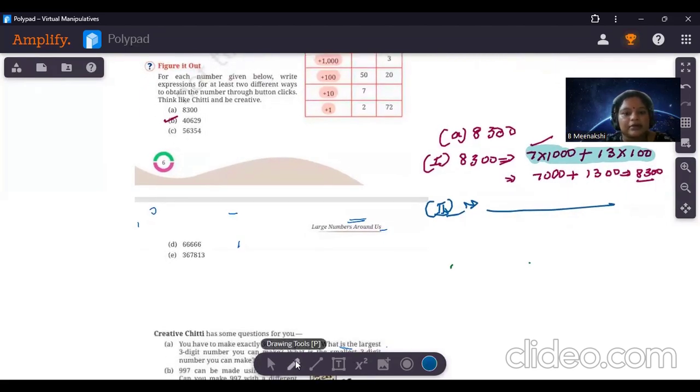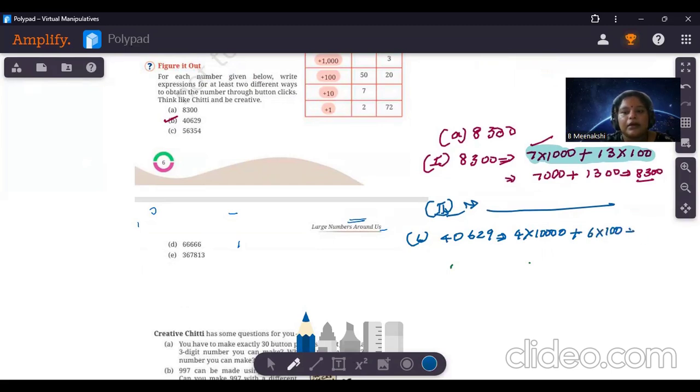Now let us see the B part, 40,629. So 4 into 10,000 plus 6 into 100 plus 2 into 10 plus 9 into 1. This is one way of expressing. You can find out the second way and put your answer in the comment box.